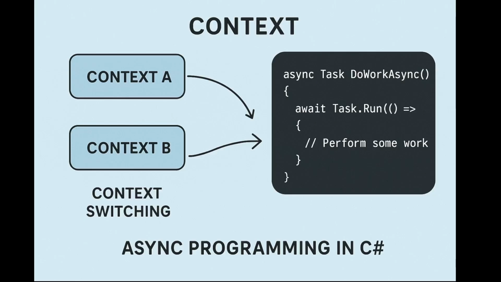In this scenario, the context switching happens on different threads, and it can be handled in different threads, and it also impacts the ConfigureAwait false or true setting.